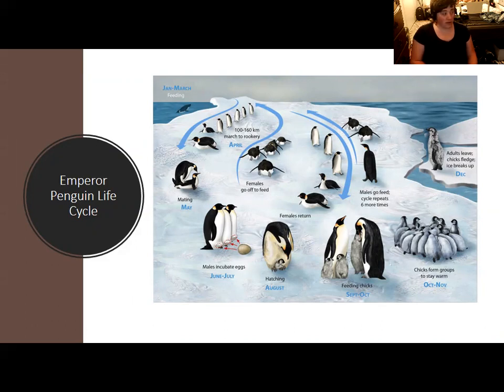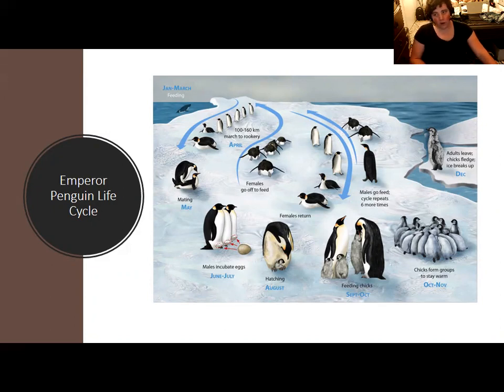Their rookeries are going to be a bit inland of the coast or on Ross Island, and it appears that the reason emperor penguins evolved to do this is to avoid leopard seals and orcas. They took the risk of adapting to live inland because even though there's no food for them inland, if they can find a way to get around that, there's nothing that's going to eat their babies.